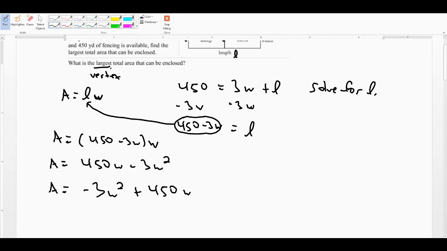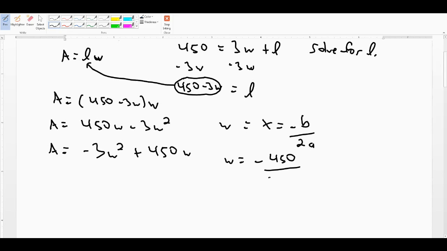Now it says what is the largest area that can be enclosed. So what I want to do, I want to use the vertex formula, which is x equals negative b over 2a. Now the x is actually a W, so I'm going to find W. B is in front of the W, so that's negative 450 over 2 times the a.